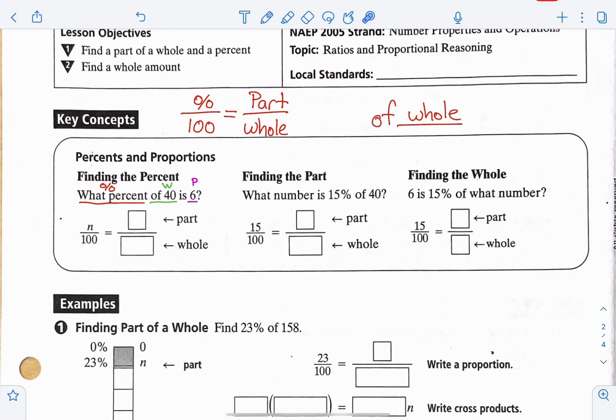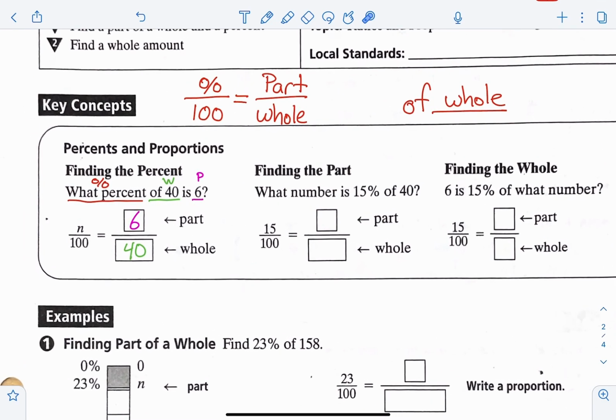We don't know the percent, so they used a variable over 100. Then we're going to have our part, which is 6, over our whole, which is 40. All we did was plug in percent over 100, part over whole, using the information from this problem. So that's how it's going to look when you're missing the percent.